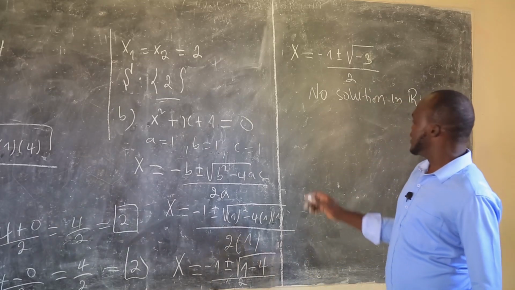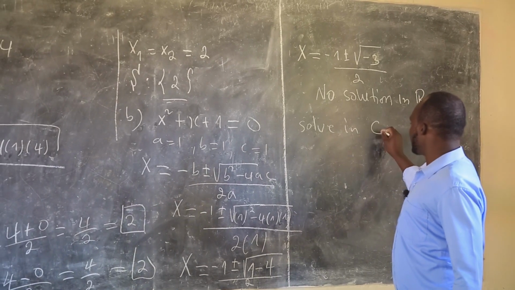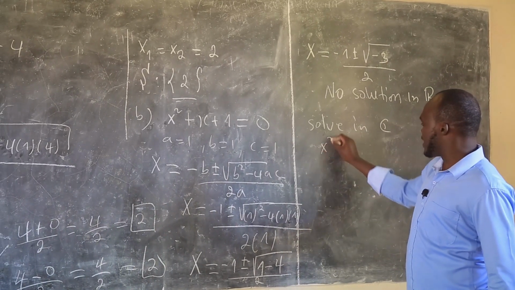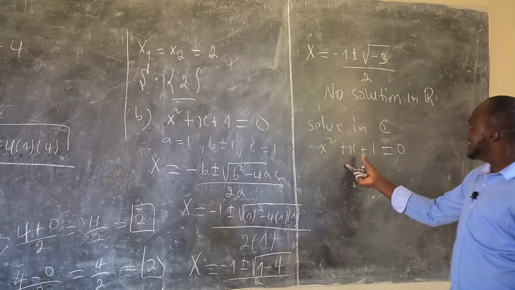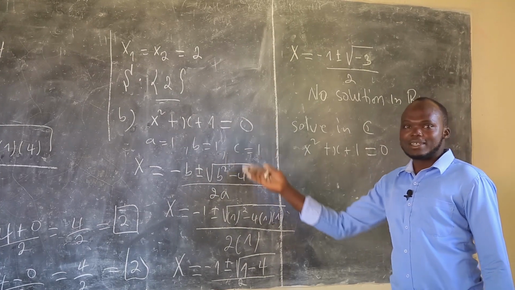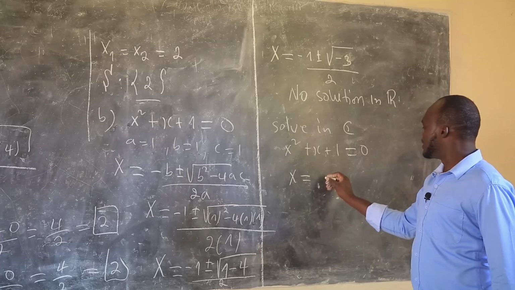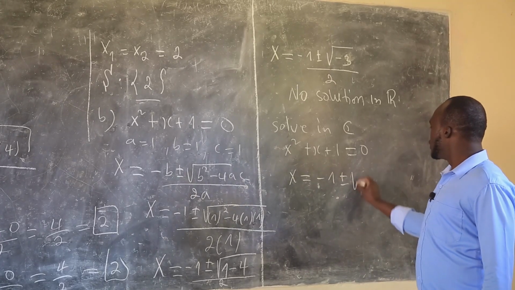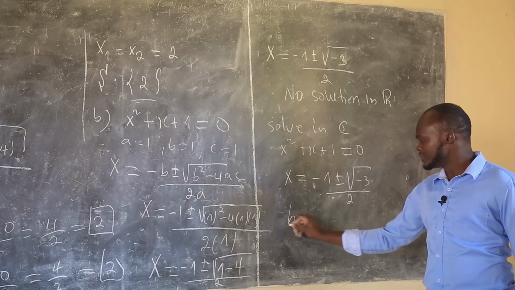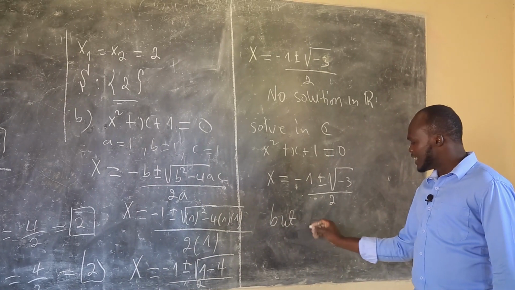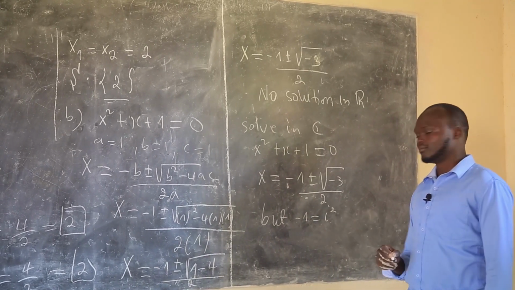So look, let's solve in complex numbers x squared plus x plus 1 equal to 0. Immediately, we follow the same procedure. When we reach here, x will be equal to negative 1 plus or minus root negative 3 over 2. But we know that negative 1 equals i squared.